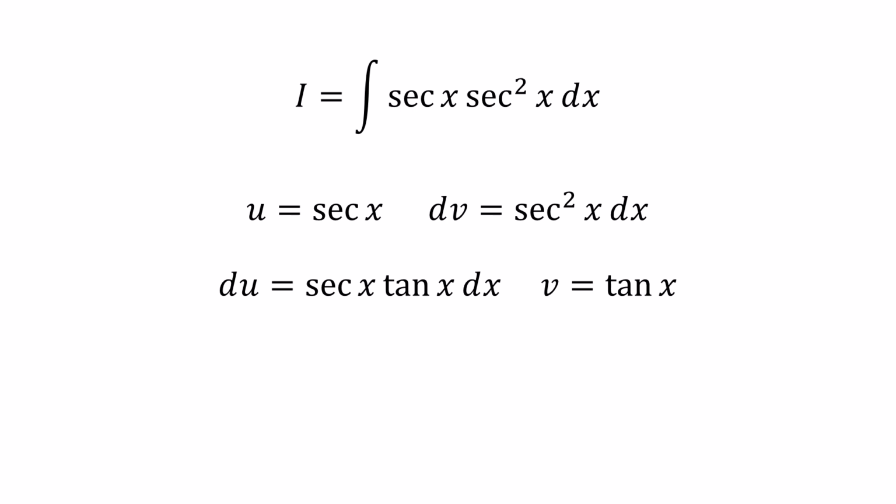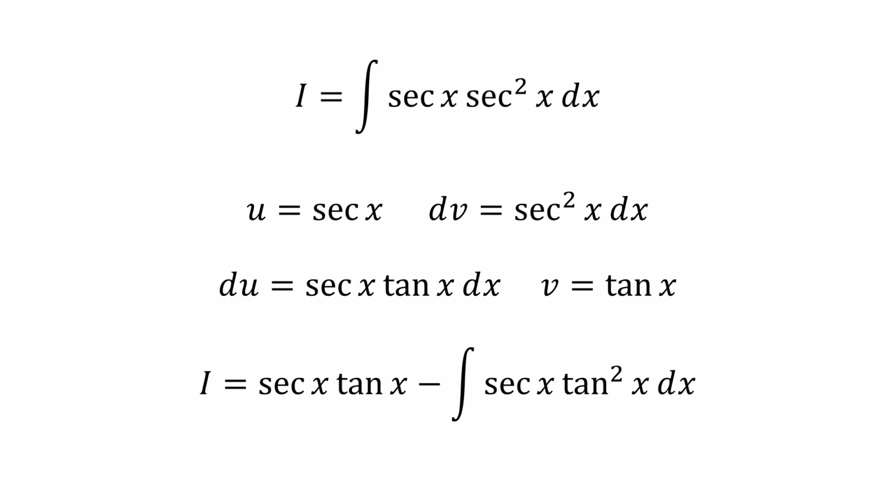Applying the integration by parts formula then gives I equals secant of x tangent of x minus the integral of secant of x tangent squared of x dx.